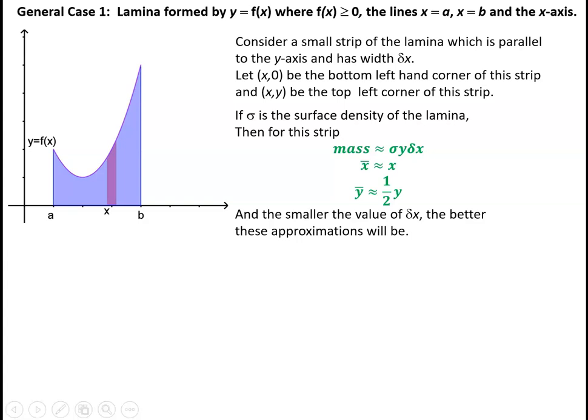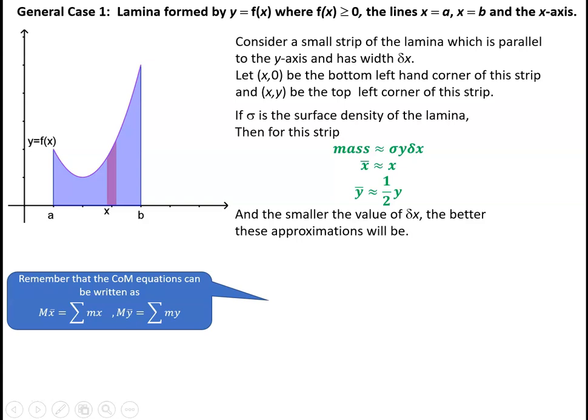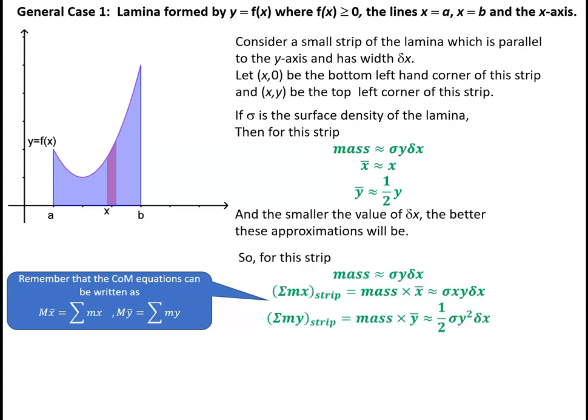Now, remembering that for any shape or object, the centre of mass equations can be written as the mass of the object times the x coordinate of the centre of mass is equal to the sum of all of the mx's over the whole object.